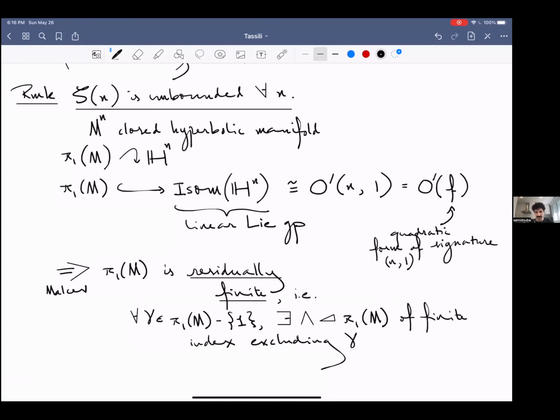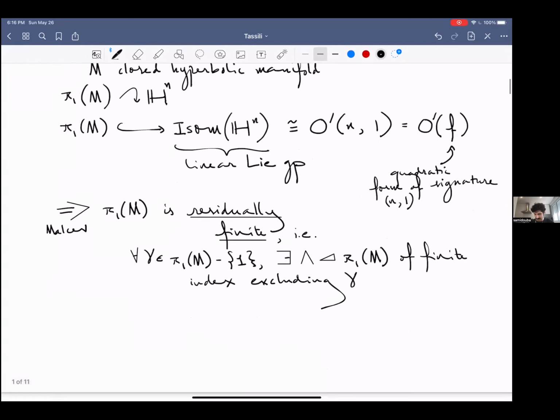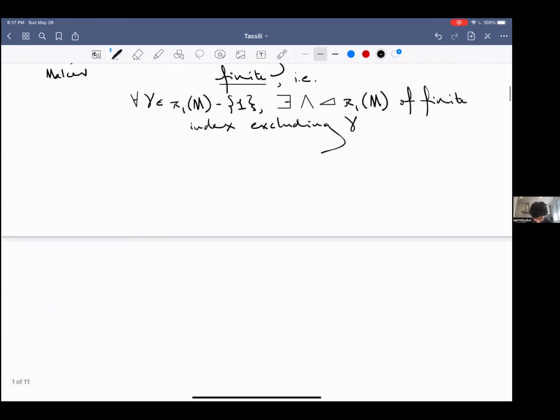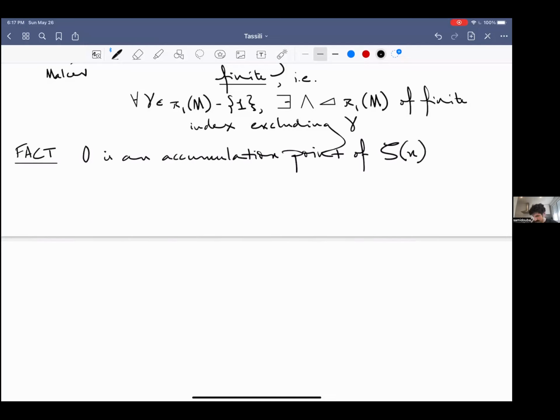Something that's certainly less clear is that 0 is an accumulation point of the set of systoles of hyperbolic manifolds of dimension n for all n.